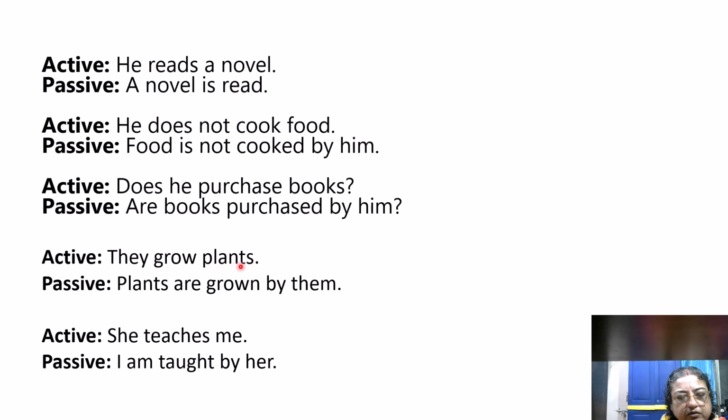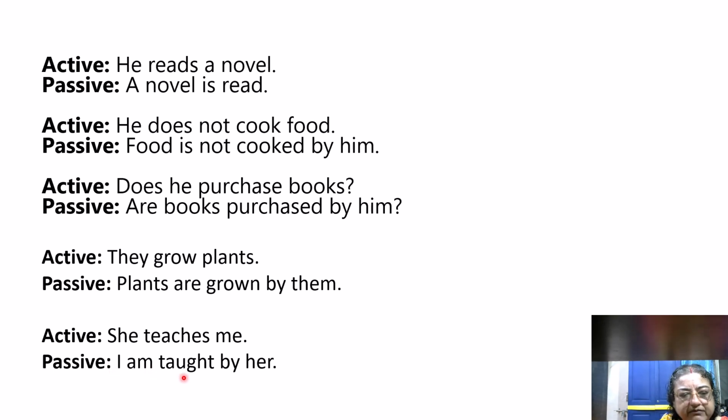Now active: they grow plants; passive: plants are grown by them. Active: she teaches me. Here am is used with the first person, as I have shown you in the structure. The be forms of the verb are is, am, are. Since it is me, in the passive me becomes the subject, but we cannot use me in the subject position, so you have to change the pronoun: me becomes I. Both are first person, but the form you have to change.